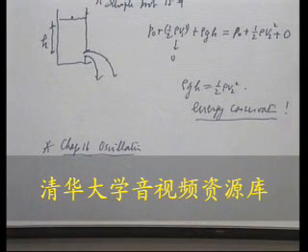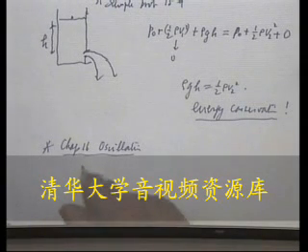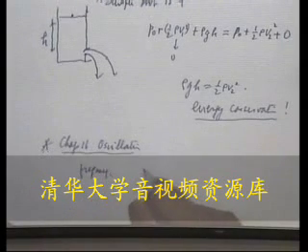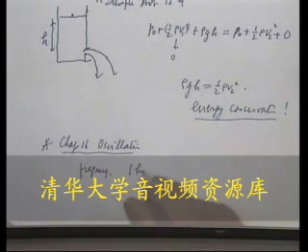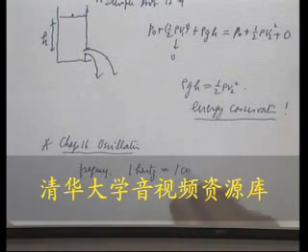Chapter 16, oscillations. Everybody knows that if you have oscillation, there is a frequency. There's a unit which is called a hertz. 1 hertz is equal to 1 cycle per second.